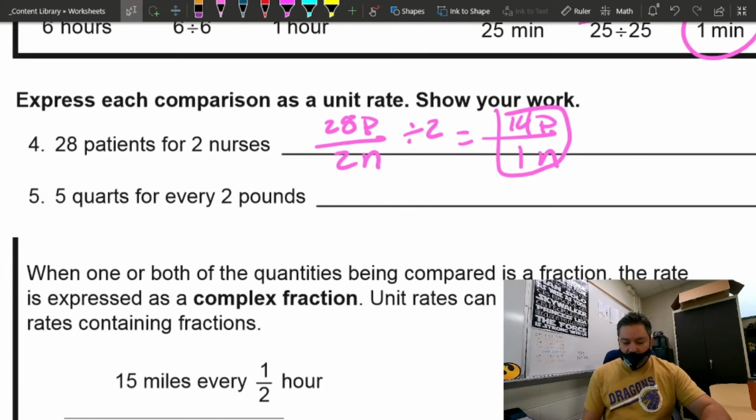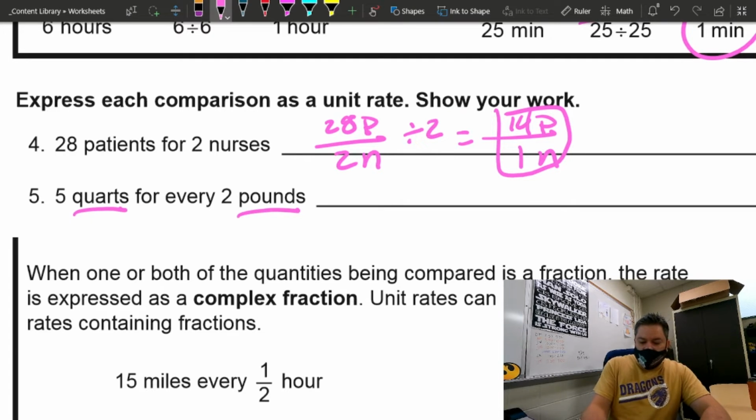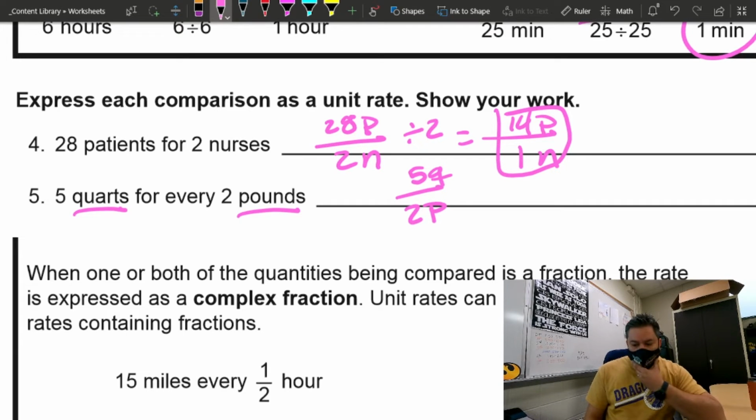On the next one, we have 5 quarts every 2 pounds. So my units over here are going to be quarts and pounds. So I have 5 quarts, 2 pounds. Now I have to make the bottom be 1.